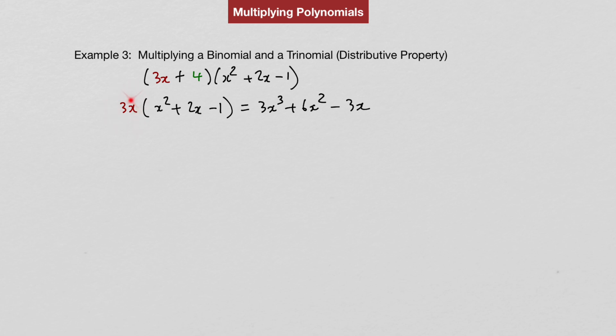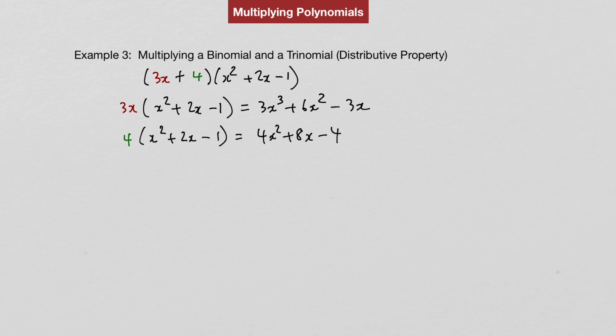Then 3x again by the second component gives 6x squared. Then 3x again by -1 gives -3x. That took care of what's in red. Now we take care of the last piece, which is in green. We take 4 and multiply it by the same trinomial, x squared plus 2x minus 1, and that gives us 4x squared plus 8x minus 4.